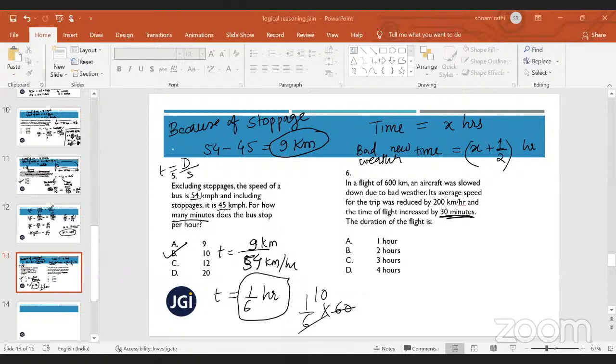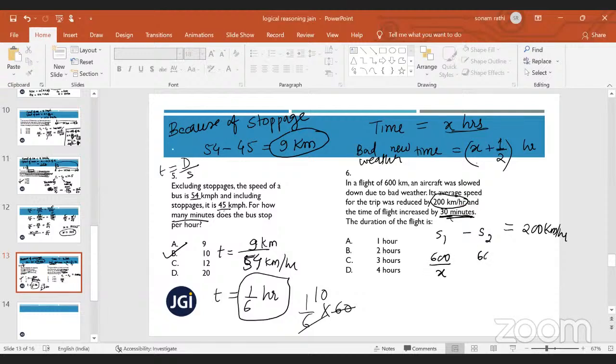Okay, so time is x hours and increased by 30 minutes is x plus 1 by 2 hour. And because of this, the speed reduced by how much? 200 kilometers per hour. So speed 1 minus speed 2 should be equal to 200 kilometers per hour. In the first case, what is the speed? Distance upon time.